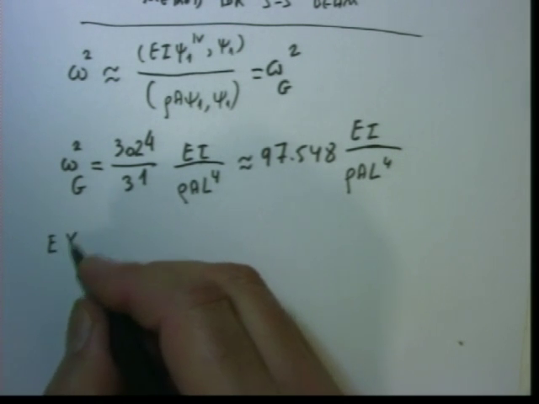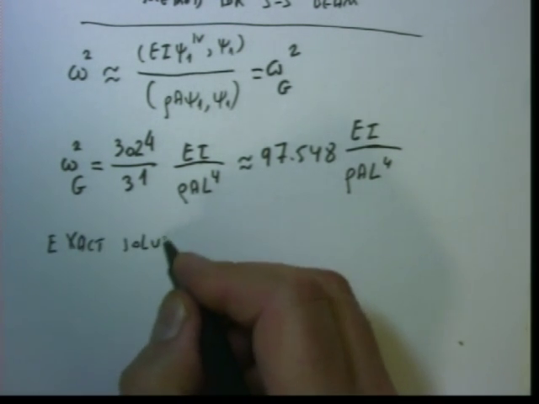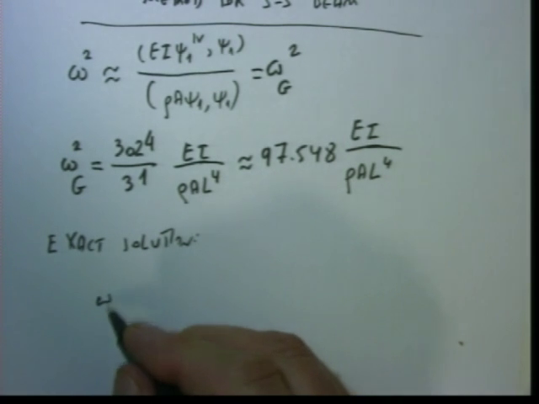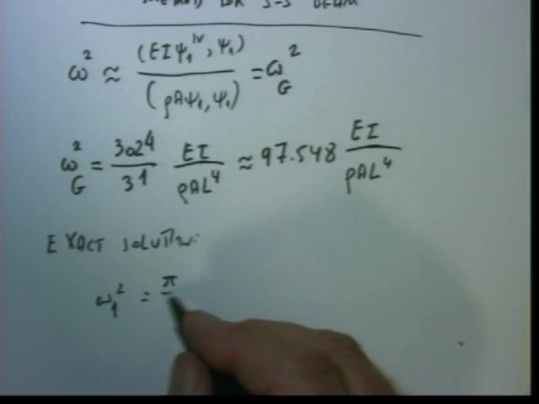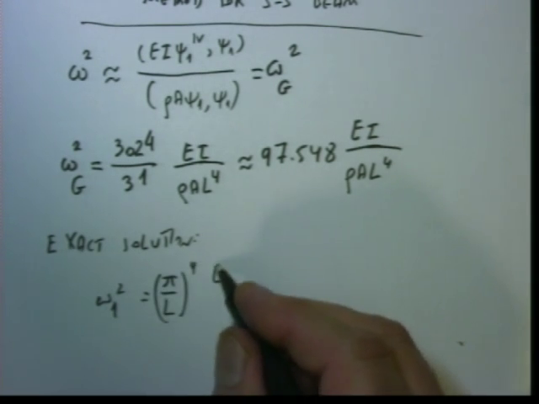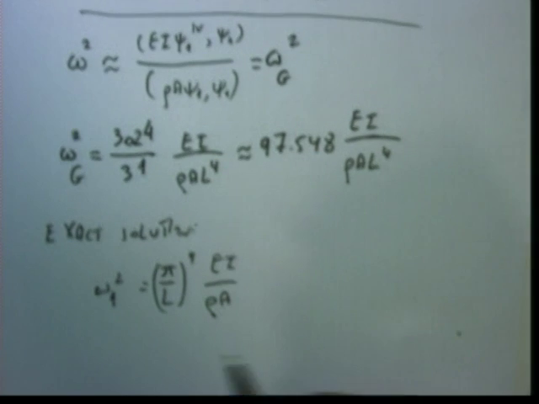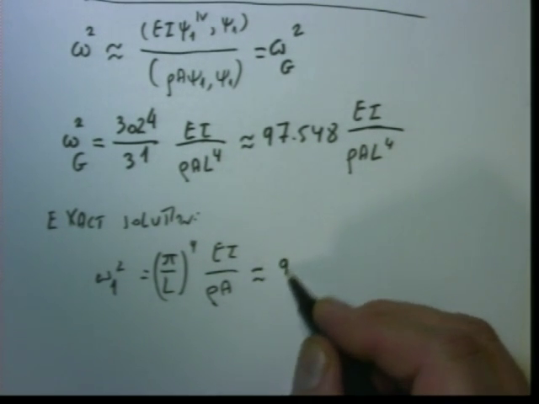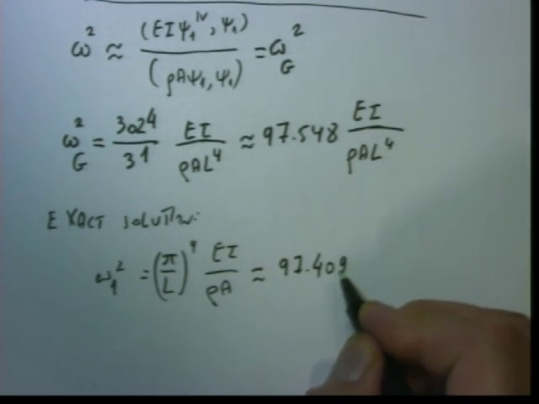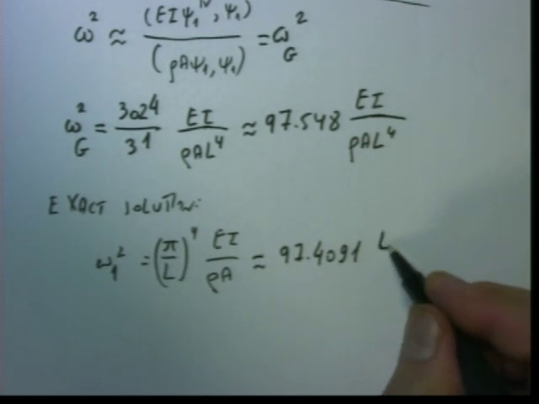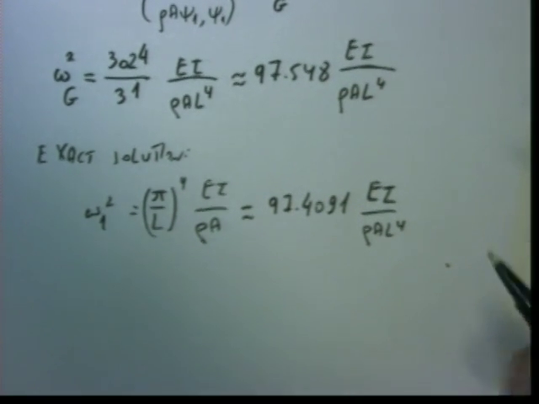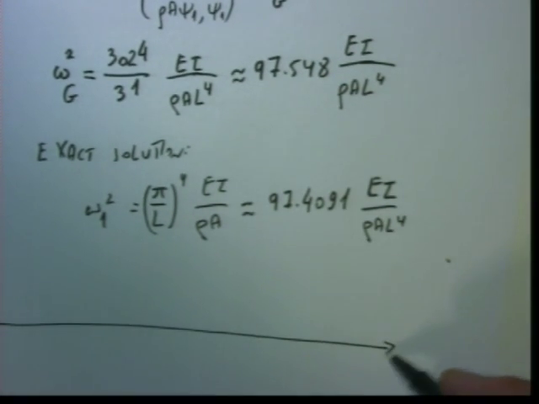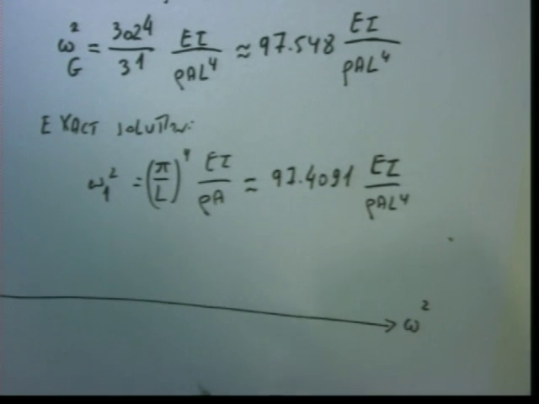Exact solution is omega 1 squared equals, as we know, pi over L in fourth power, EI over rho A. Or that is 97.4091 EI over rho A L in fourth power. So if I put this omega square here, what we get actually is this formula.